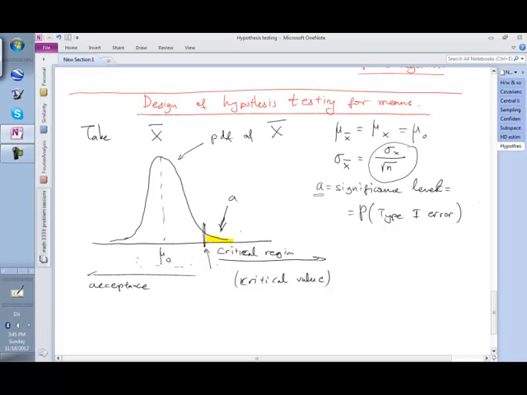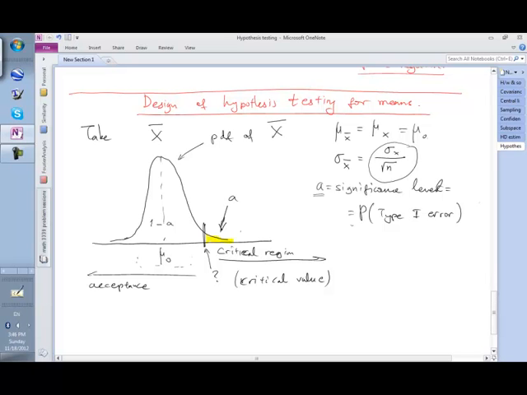We will calculate it. Now we'll find what this value is. I want the area to the right of this value, the yellow, to be equal to alpha. And of course, what remains under the curve is equal to 1 minus alpha.